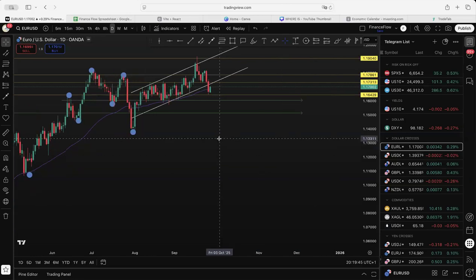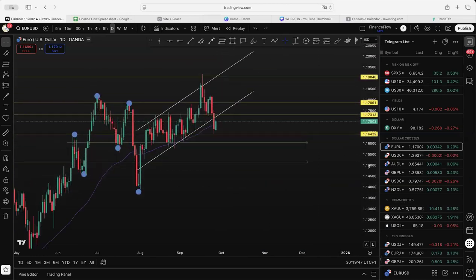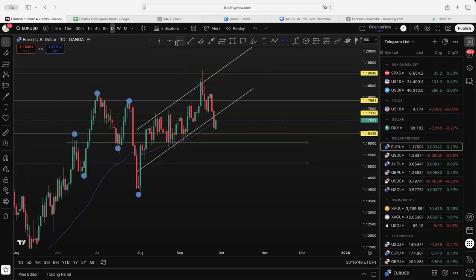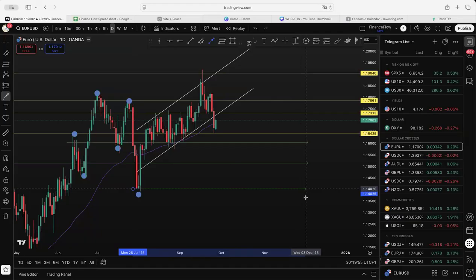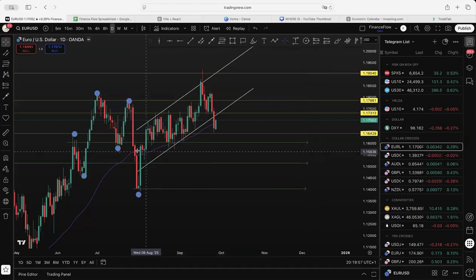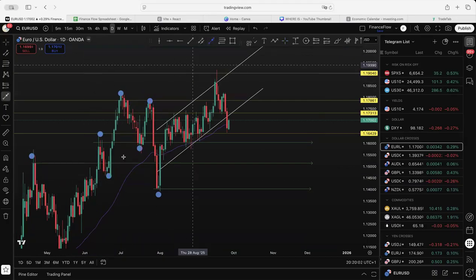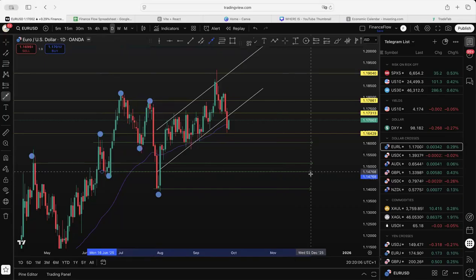What these will do is help you, if you are in a trade potentially to the downside here, give you the potential targets of where price could swing to the downside, but then struggle to break through.